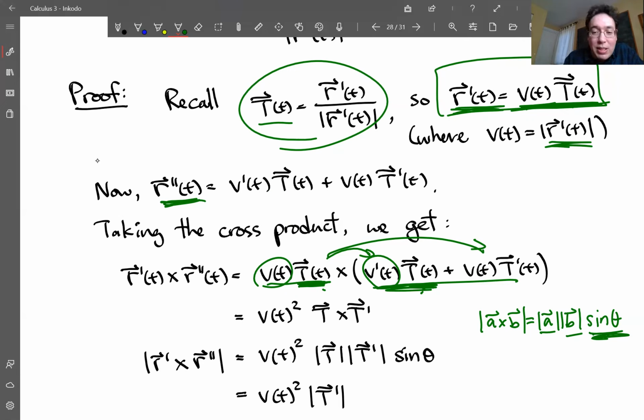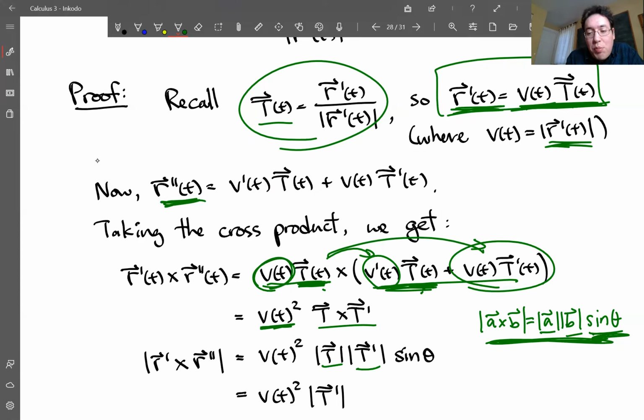What we have left is just the function v squared times t cross t prime. And again, I'm going to use this idea.